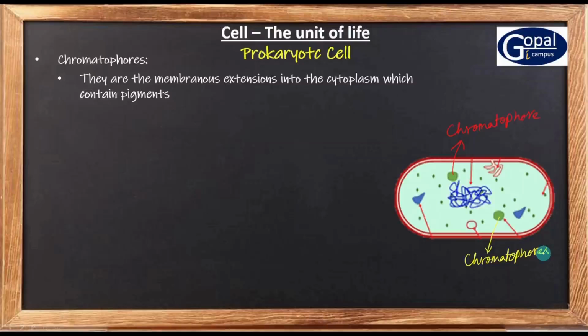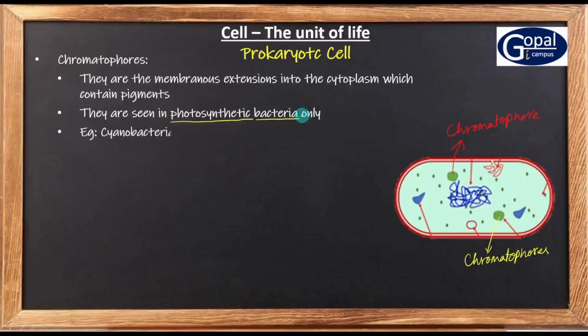Because they are having the pigments, they help in photosynthesis. These chromatophores are seen in photosynthetic prokaryotes, like photosynthetic bacteria and photosynthetic cyanobacteria.